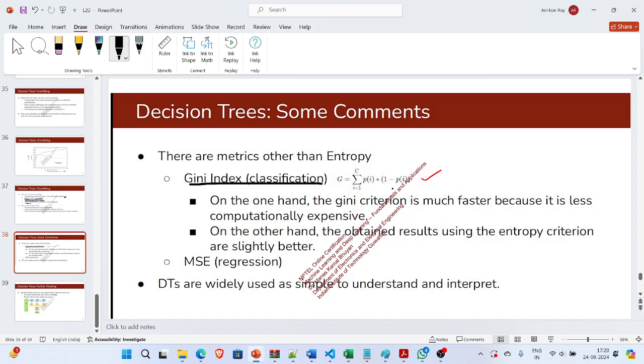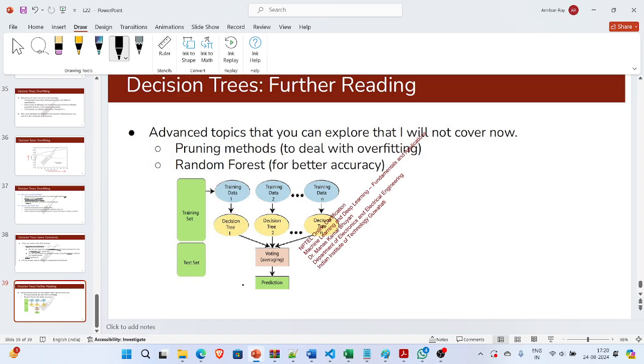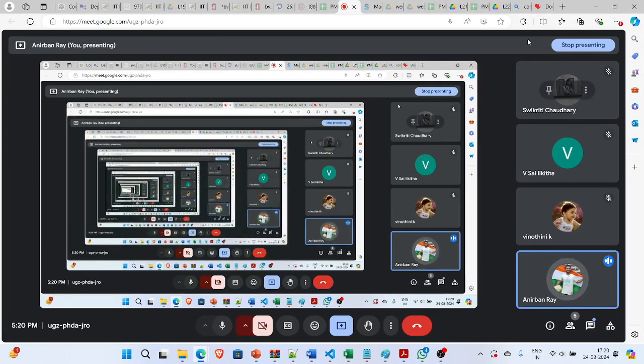It is a much faster criterion, less computationally expensive, but the results of the entropy criterion are slightly better. In the case of regression we need mean squared error. These are not considered in the syllabus, so let's go to the problems quickly.